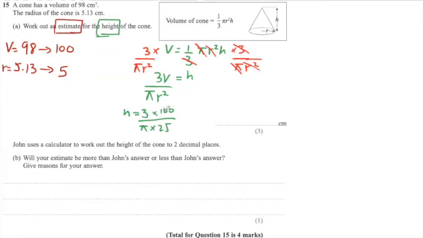So 300 divided by 25 pi. 25 can go into 300. If we divide top and bottom by 25, we're left with 1 on the bottom, and 300 divided by 25 is just 12. So it's going to be 12 over pi.